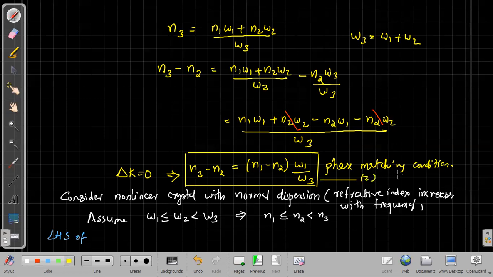Actually 1, 2, 3 are the same. So the LHS of equation number 3 is positive.